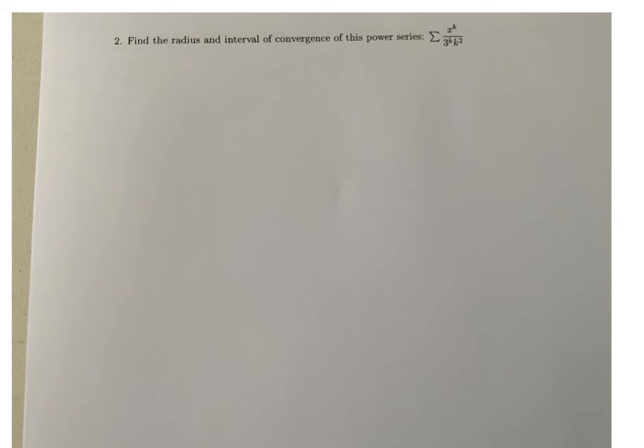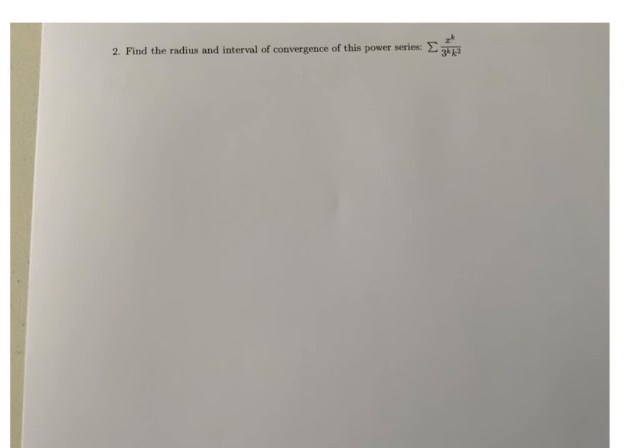So we want to take the limit as k goes to infinity. The k plus first, of course, we do the ratio test for absolute convergence.